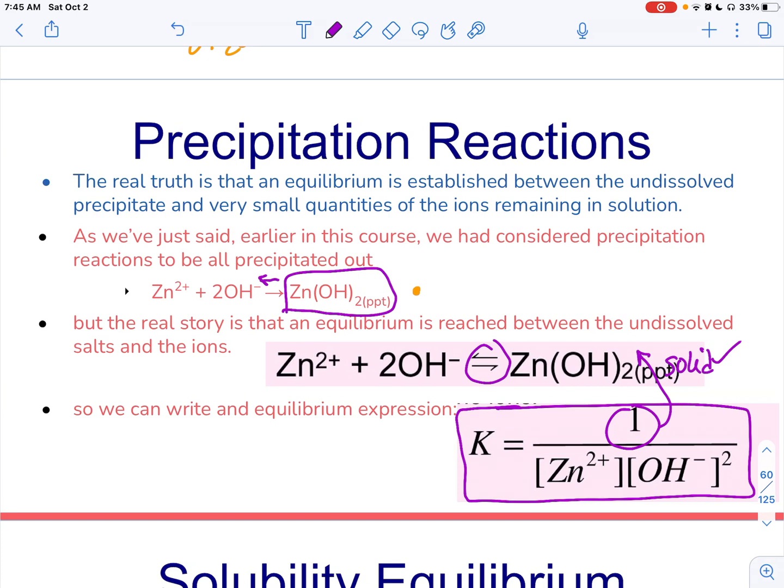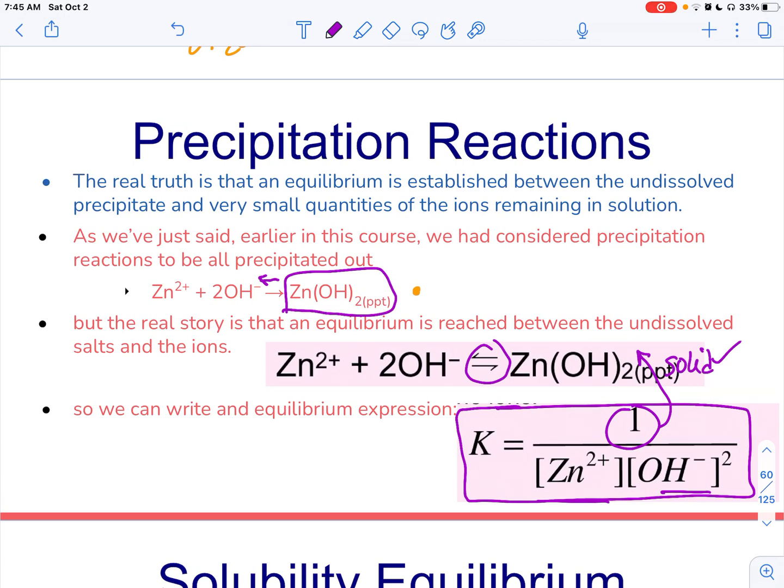And we don't write solids in our Ksp expressions. Okay, so that's why there's no concentration of zinc hydroxide, because we wouldn't write that. Okay, so instead we would put a 1 up there, and then the concentration of the ions would be on the bottom. Okay, so that's where K would come from.